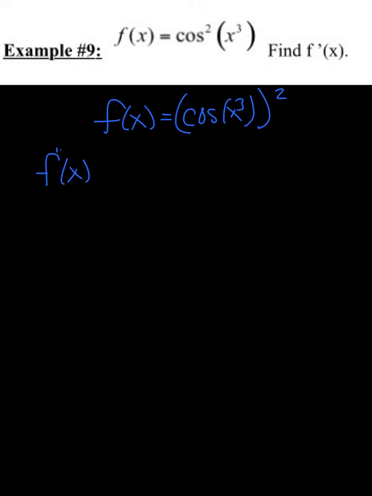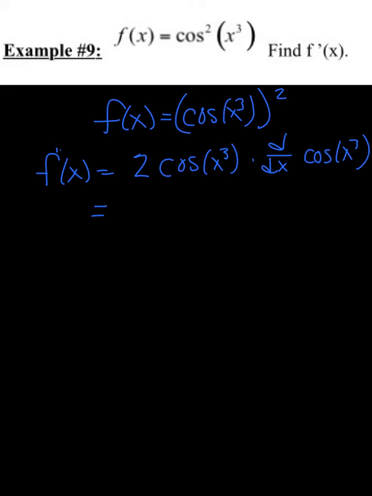And to do so, I am going to apply my power rule. I'm going to say that this is 2 times cosine x cubed to the first power times d dx of cosine of x cubed, meaning that derivative, the derivative with respect to x of cosine x cubed, is going to be the chain part of the chain rule. So that's 2 cosine x cubed times the derivative of cosine x cubed.